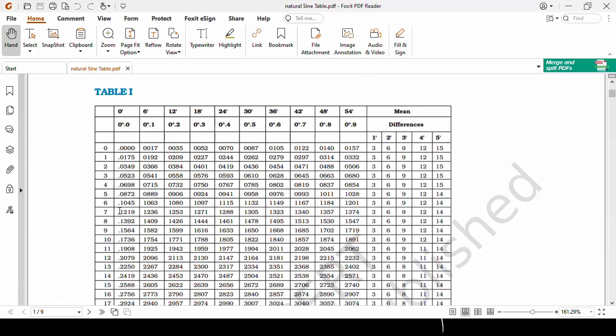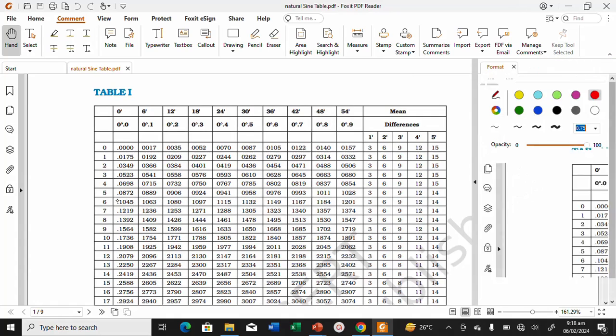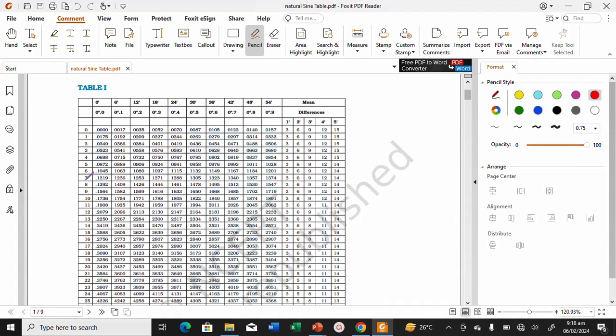If you look at this, the angle here is 7 degrees, under 0 minutes. So at 7 degrees 0 minutes, you have 0.1219.